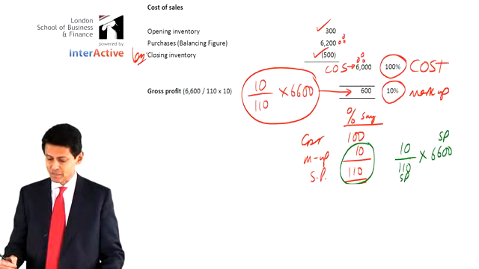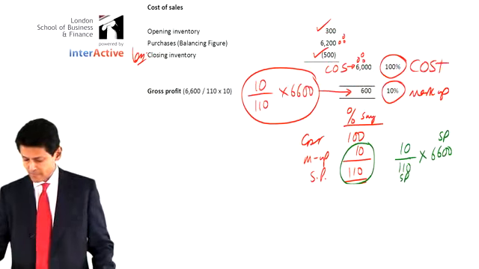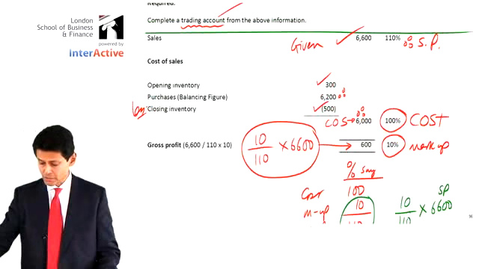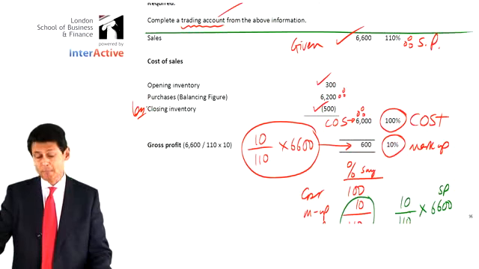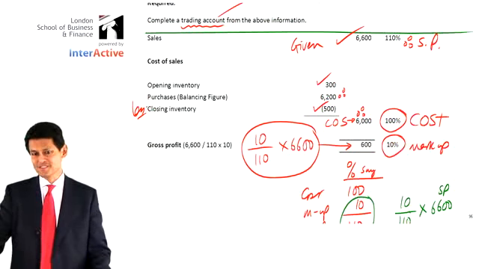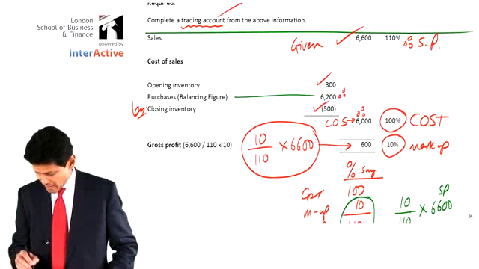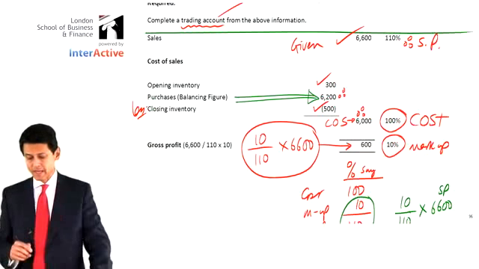And if that's 600, you can work backwards and establish that if the 600 is a gross profit and 6,600 is a selling price, the gap between the two, of course, is the cost of sales of 6,000. And if that 6,000 is in place there, the purchases, the balancing figure, then turns up as the 6,200 figure.